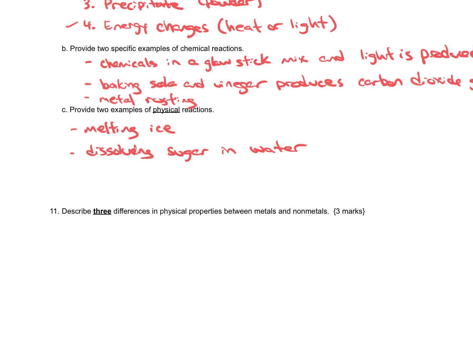It didn't suddenly start tasting salty or something different than what the sugar originally tastes like. So you did not actually make any new product. All the original reactants are still the same thing. You just don't see the sugar anymore because they're now hiding in the spaces between the water, but it's still there. So that's just a physical reaction as well.